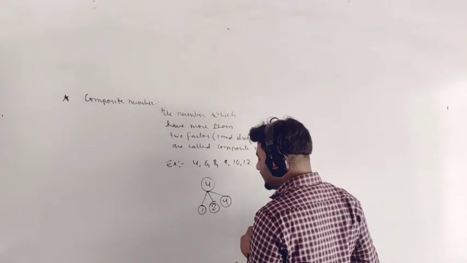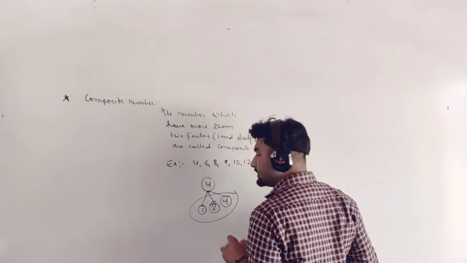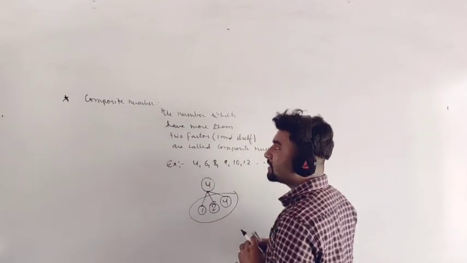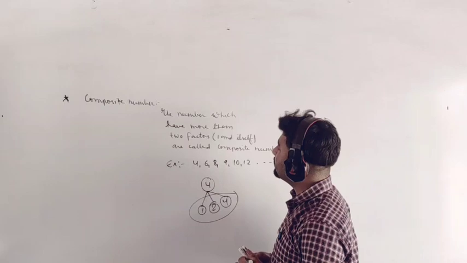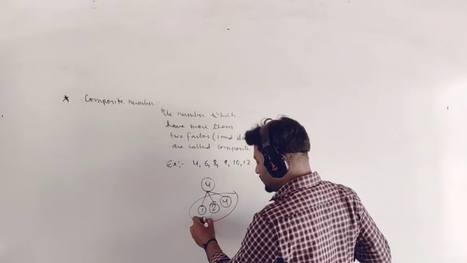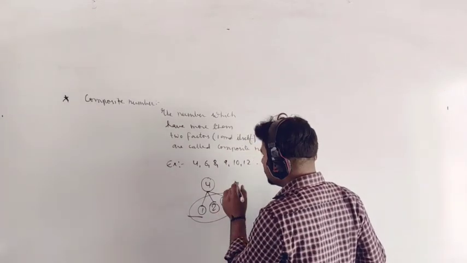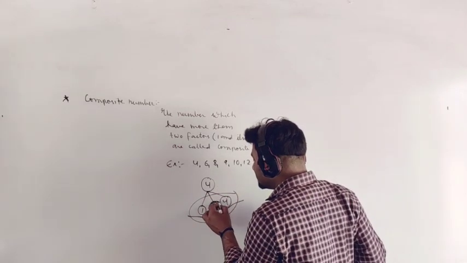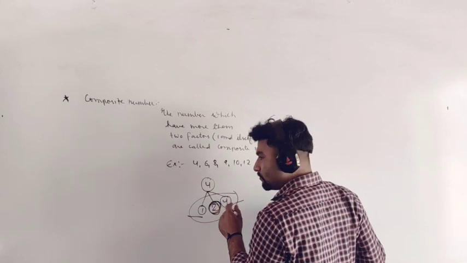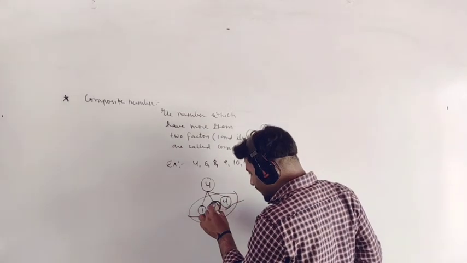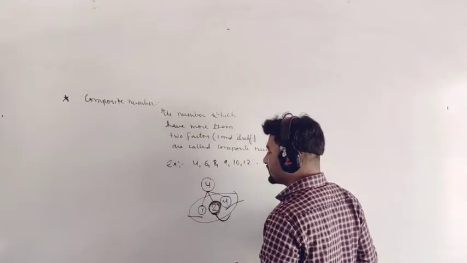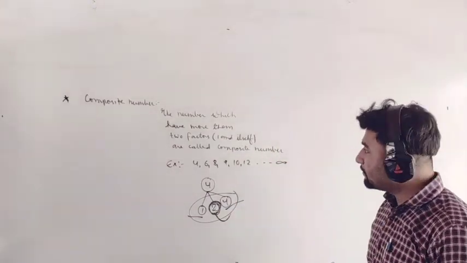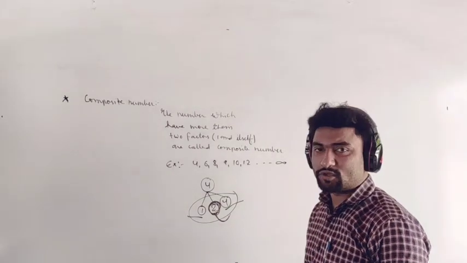So we can say that there are three factors of 4. So the number which has more than 2 factors is said to be a composite number.